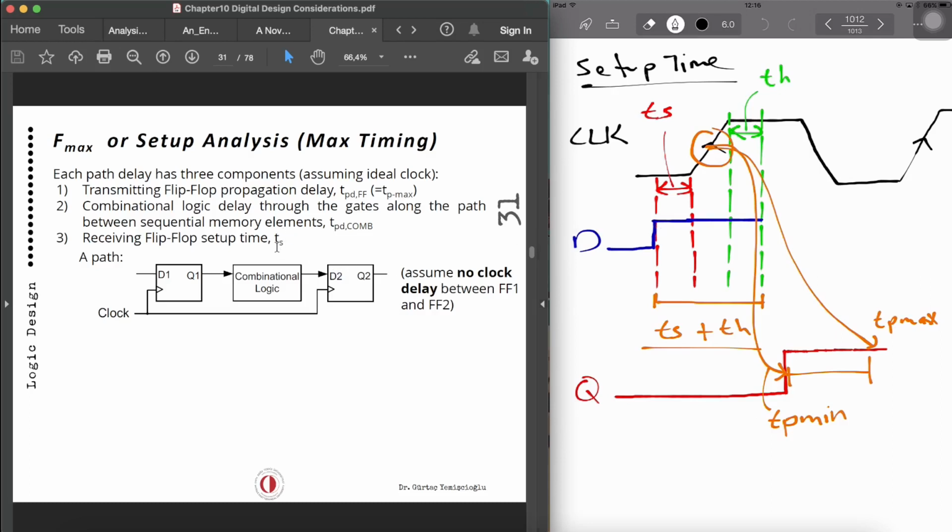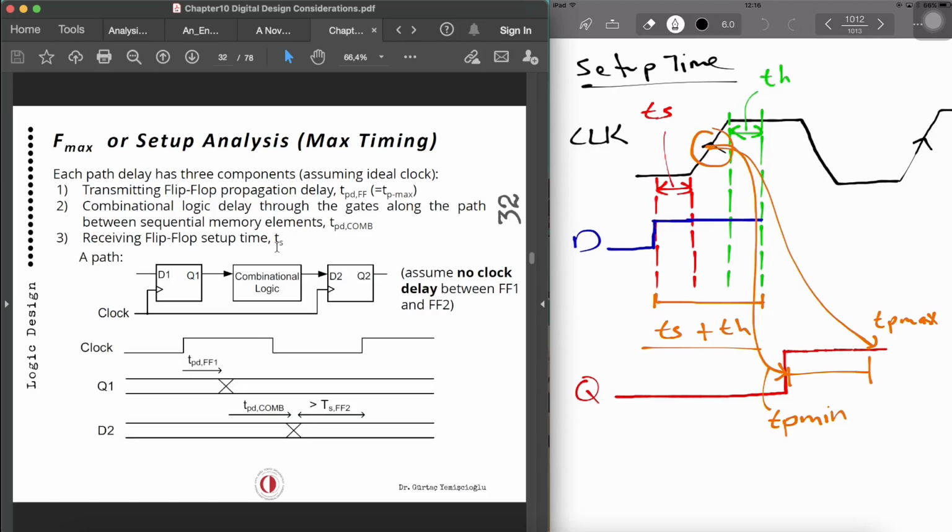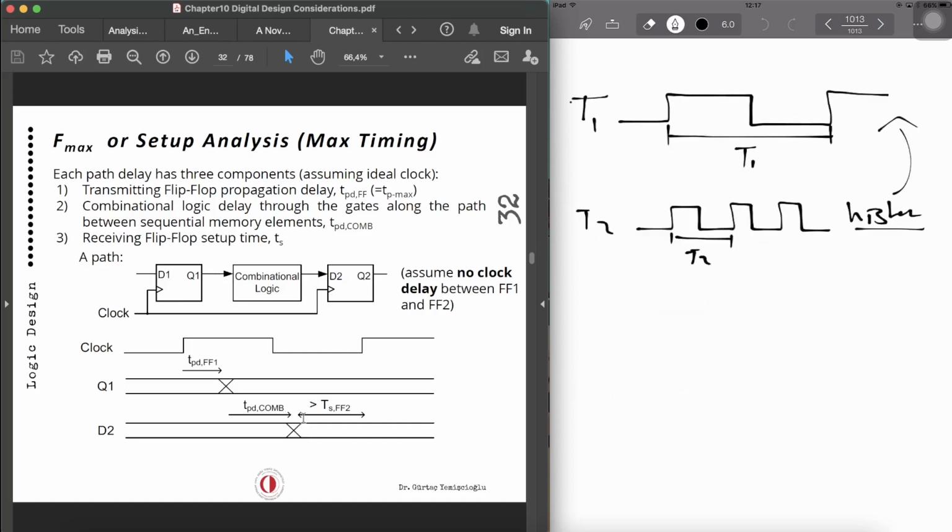So this is the analysis starting point, and we can draw the timing waveform related to it. The clock starts, then the propagation delay, and the first output is reached. Then from the first output to the combinational logic, there is the propagation delay of the combinational logic, and then we get the output.